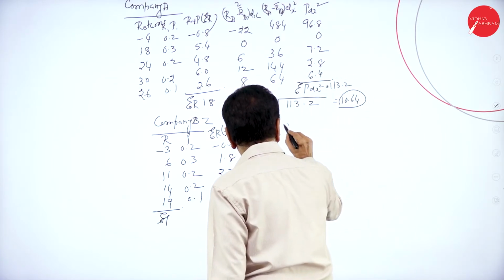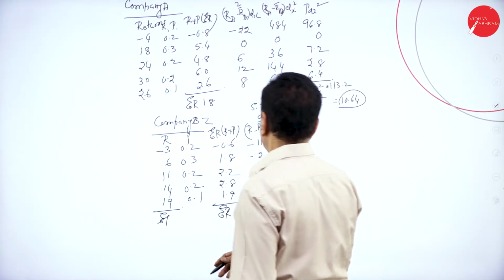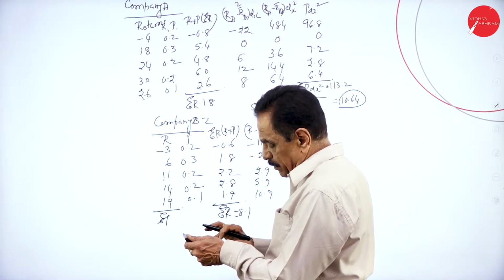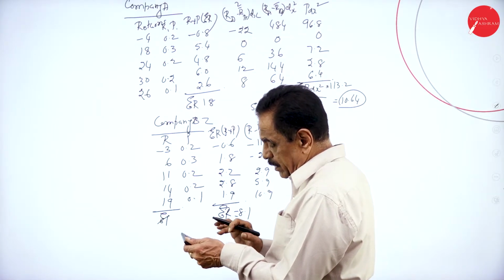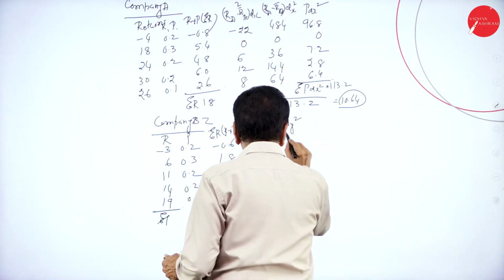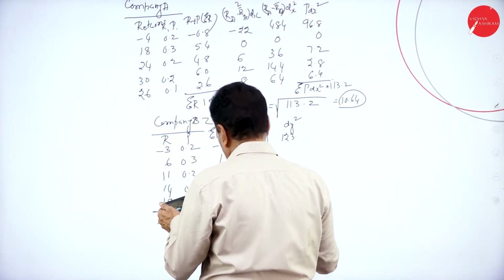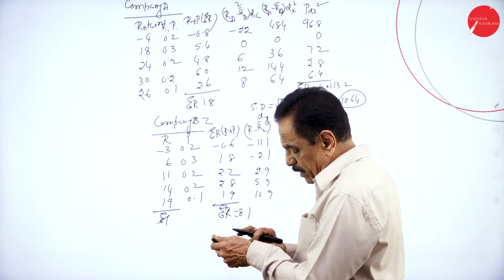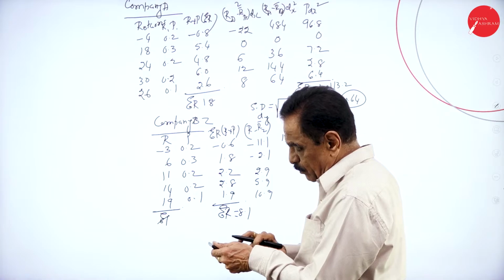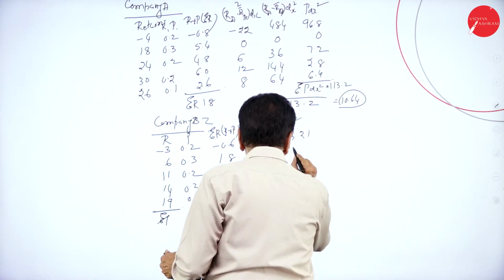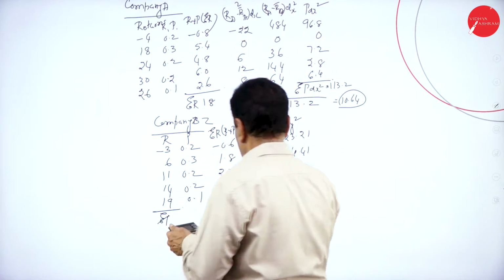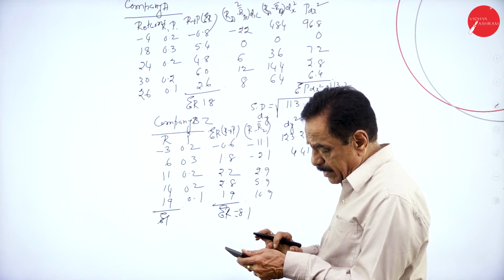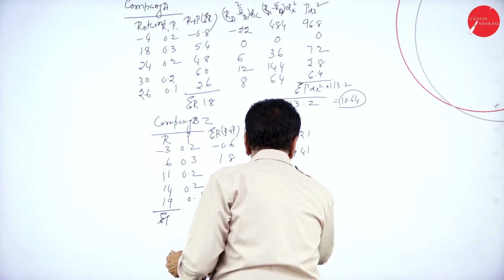Then dy square of this: 11.1 into 11.1, 123.21. Then 2.1 into 2.1, 4.41. 2.9 into 2.9, 8.41.